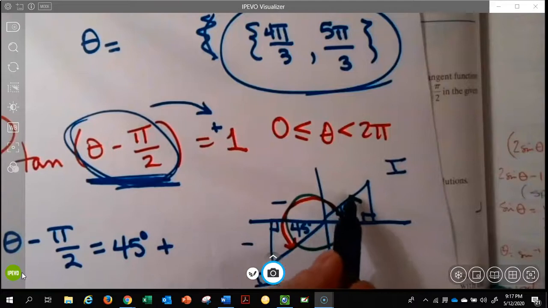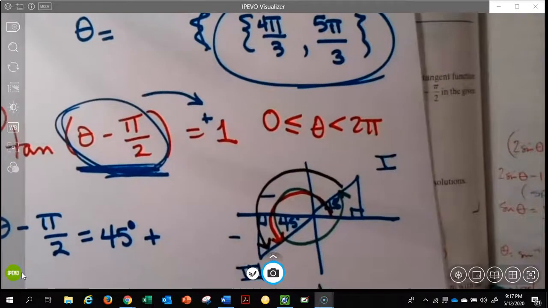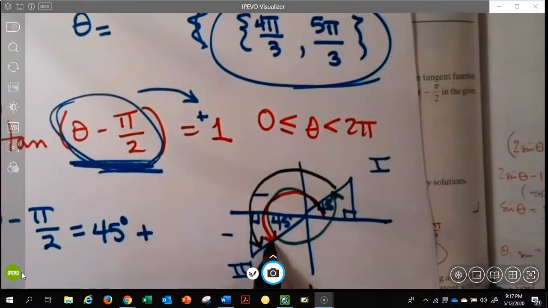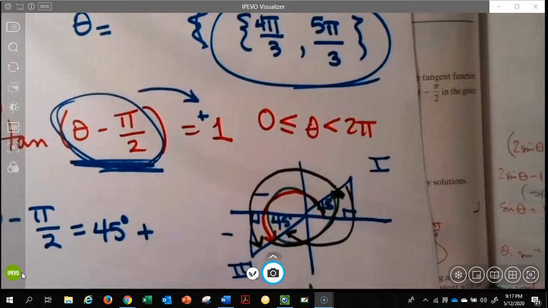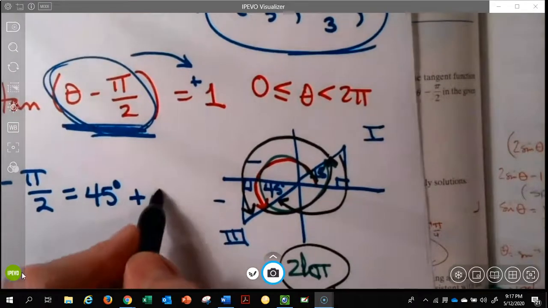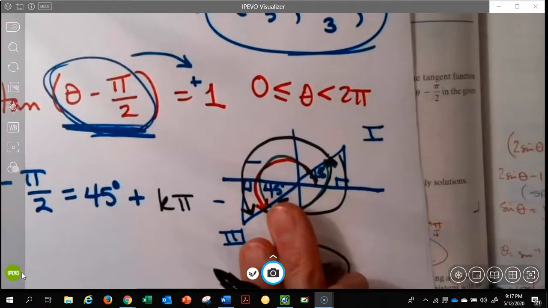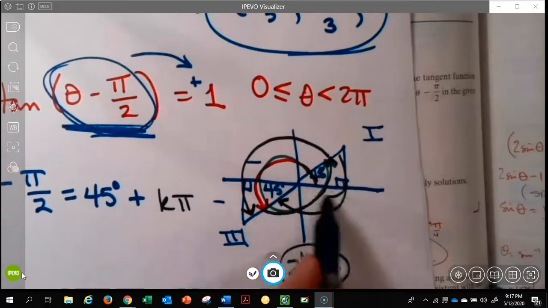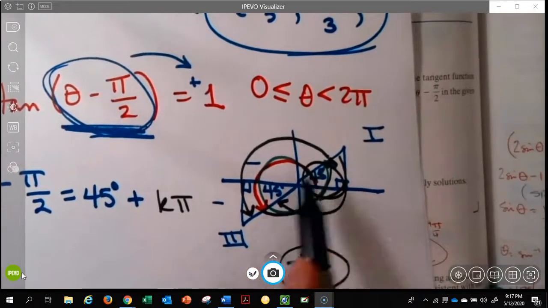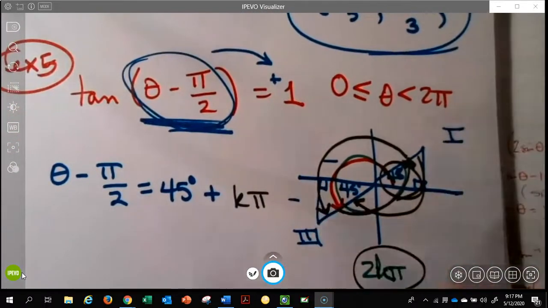Because if I'm at this 45 and I go a full pi, I'm at the other angle. Well, what if I went another pi? Am I back to where I start? Well, what if I go backwards a pi? Oh my goodness. I don't need 2k pi on this one. All I need is k pi. And I don't even have to mess with this other 45. Just by playing around with my first 45, it is going to encompass all of pi's going clockwise or counterclockwise.